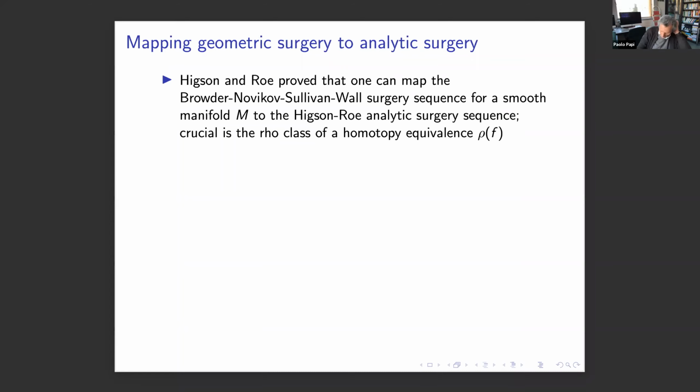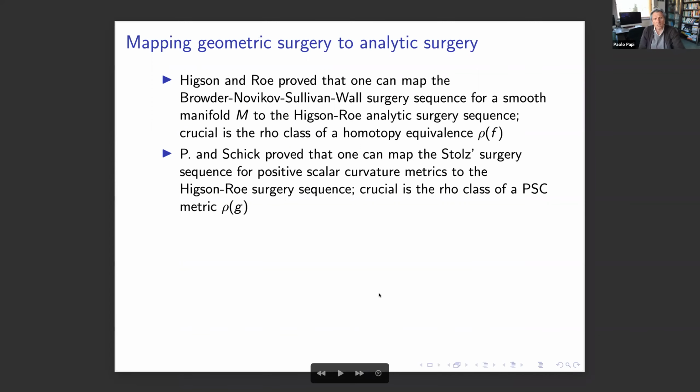Now later, with Thomas Schick, we proved that similarly, the Stolz surgery sequence for positive scalar curvature can be mapped to the Higson-Roe surgery sequence. By that I mean that this is a sequence of groups, and you can map this sequence of groups to the Higson-Roe sequence with commutative squares. Once again, the fundamental step is the rho class of a positive scalar curvature metric.